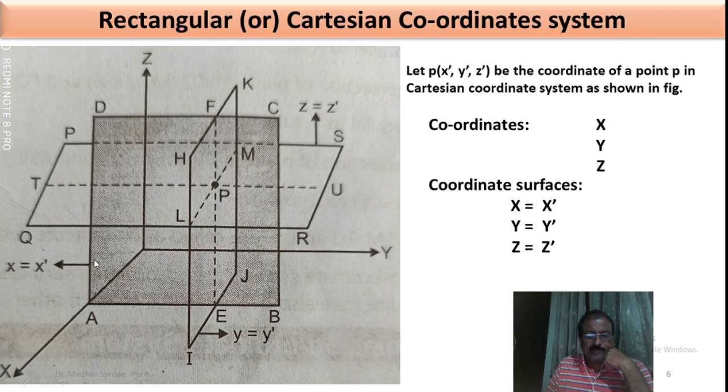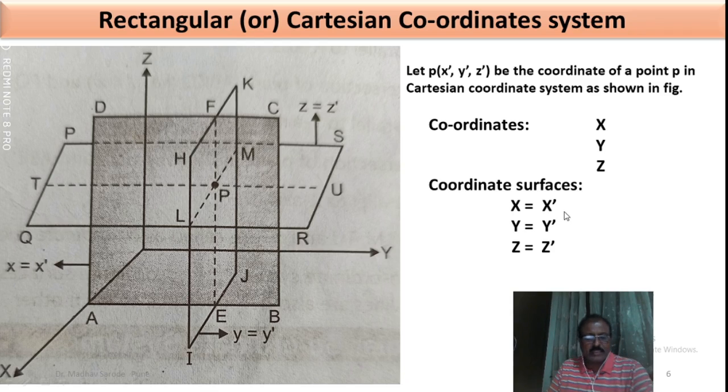But the values of y and z are different at different points. This plane contains point P, which has x equal to x dash, and thus x equal to x dash represents the plane surface parallel to yz. So this is the coordinate surface for x equal to x dash.